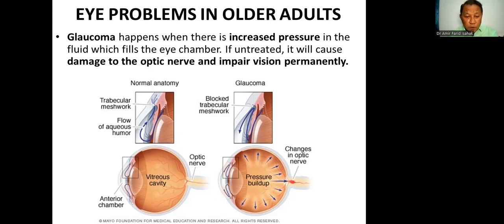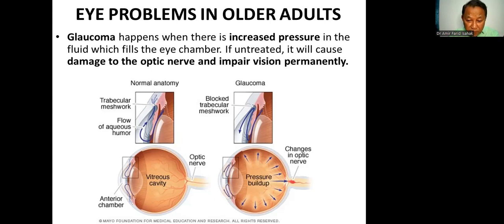Okay, so the fluid, as mentioned, in the eye chambers not only circulates but is continually being replaced. But in the case of glaucoma, there is a blockage right in the system for the outlet of the flow of the aqueous humor, the fluid that fills up the anterior chamber.